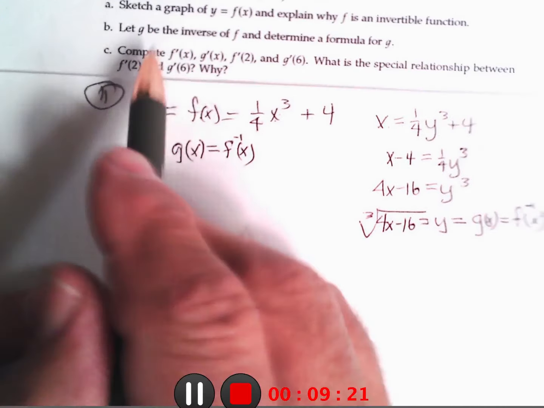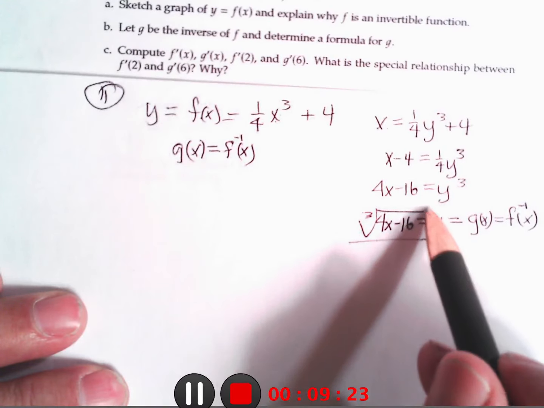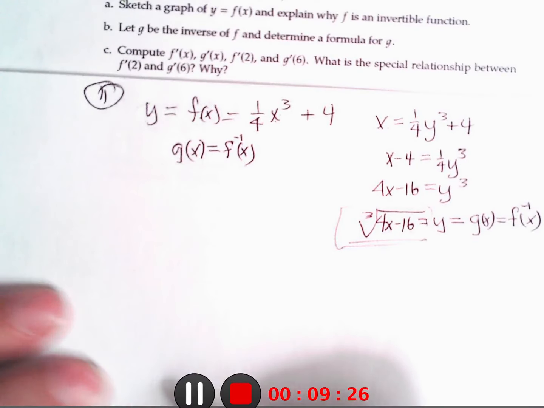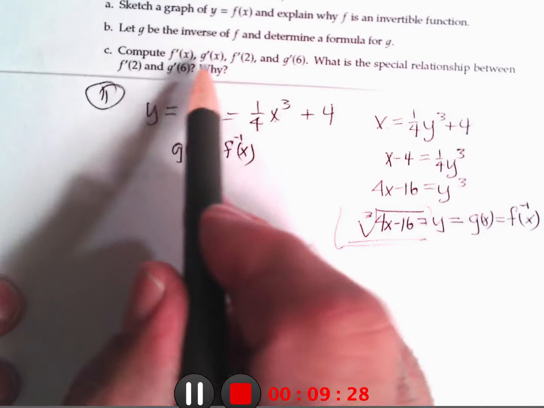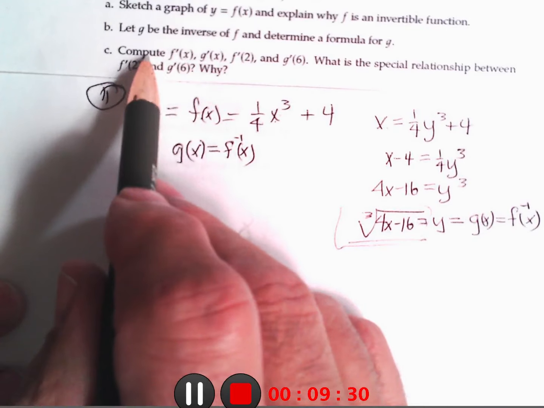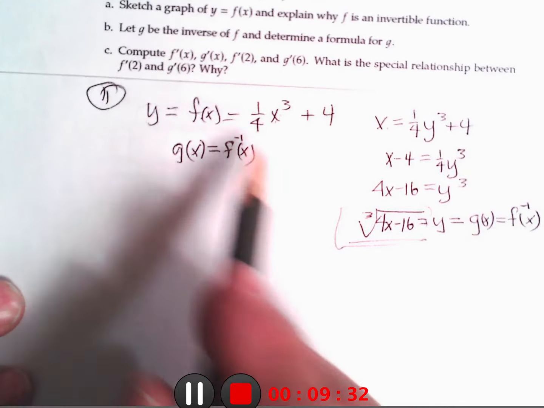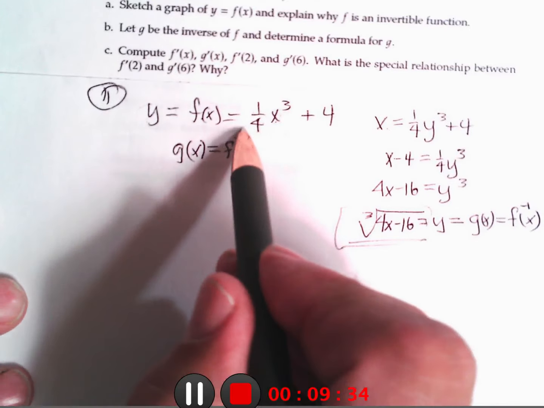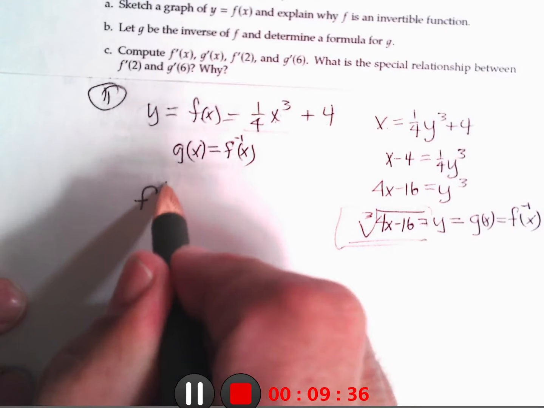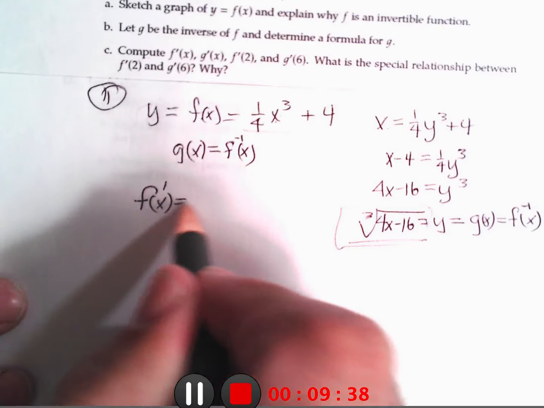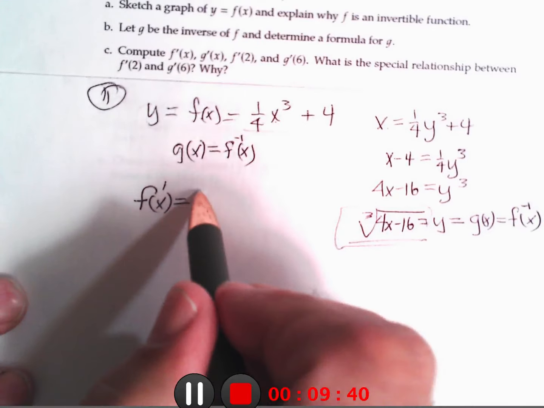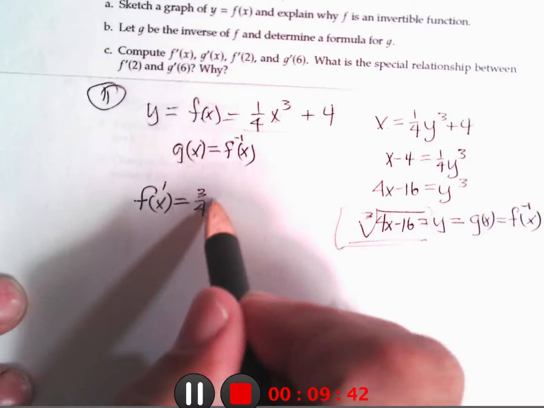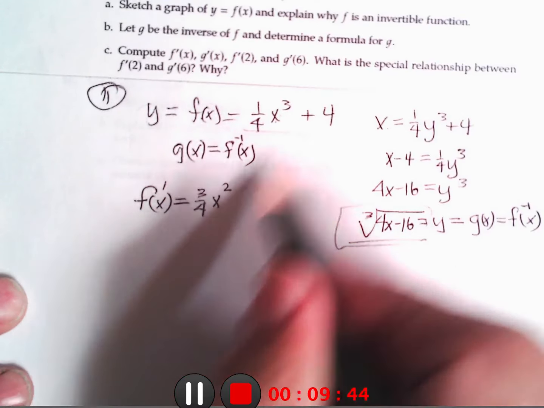So there's the formula for G, and then it says compute G prime and F prime. F prime of x would be 3/4 x squared plus 0.